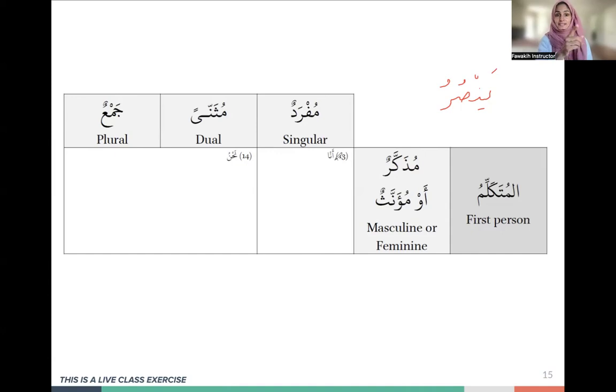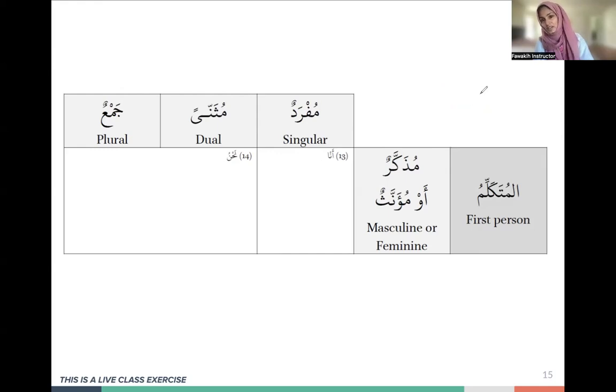Whoa, hang on. Tansurina, tansurani in the plural? Tansurna. No, right, tansurna. Yes, and ansuru and nansuru. Absolutely.